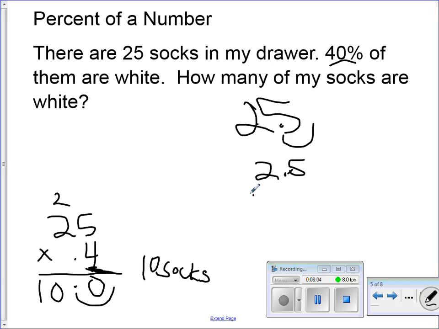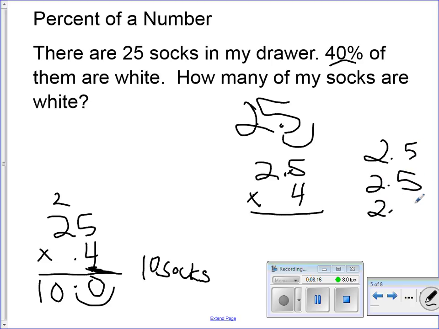So I can multiply 2.5 times 4, or I can add 2.5 to itself 4 times, because that's 10%, 20%, 30%, 40%. This one takes a little more time. Either way, you are going to get the same answer. You're going to get 10 each time.